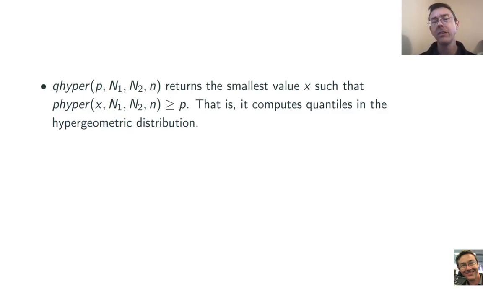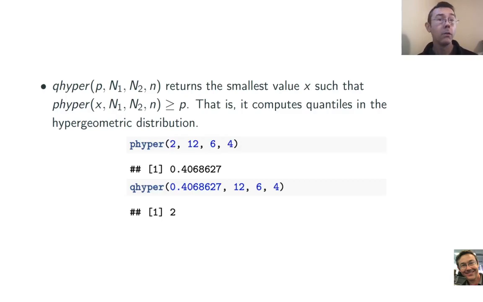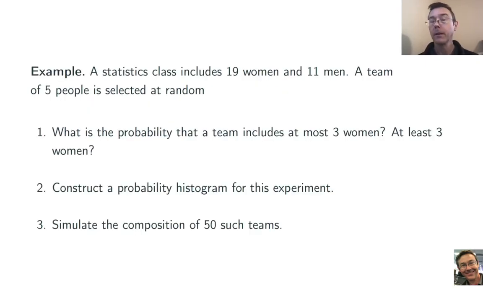Another way of saying this is that qhyper is computing quantiles in a hypergeometric distribution. For instance, qhyper(0.4068627, 12, 6, 4) is 2 because phyper(2, 12, 6, 4) is 0.4068627.